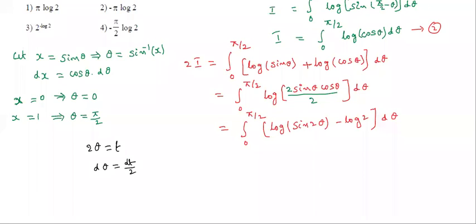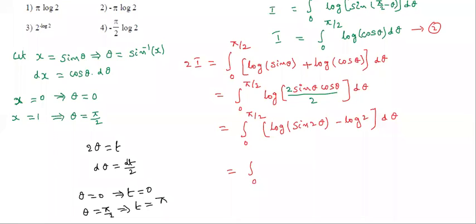Then what are the limits? If theta is equal to 0, then what is the t value? That is also 0. If theta is equal to pi by 2, then t value is pi. Those values substitute in the question.